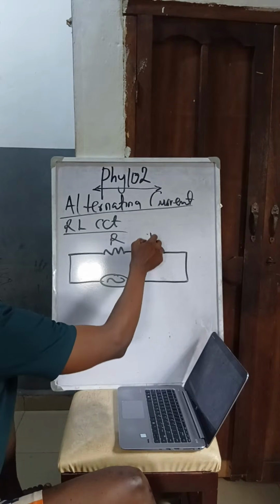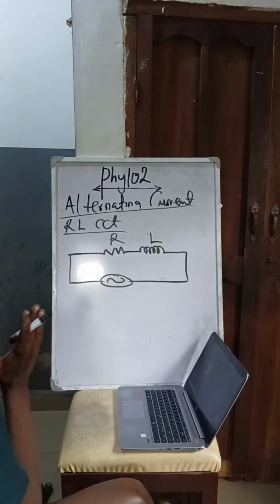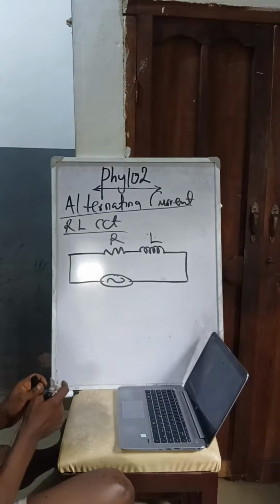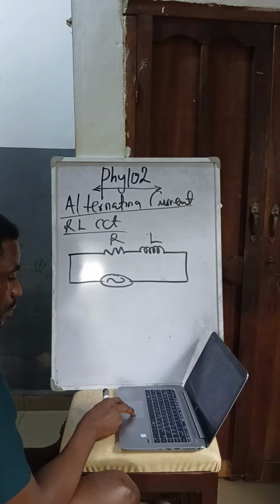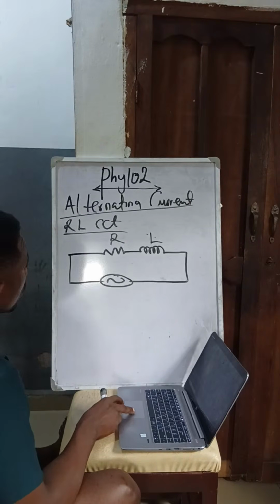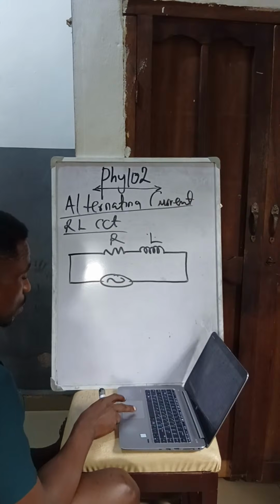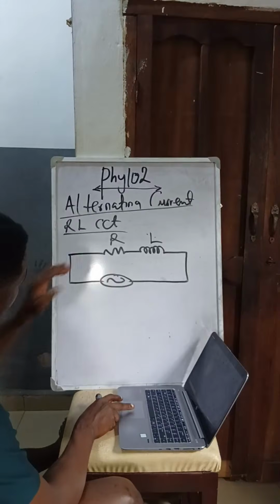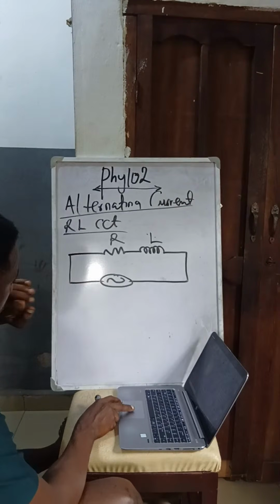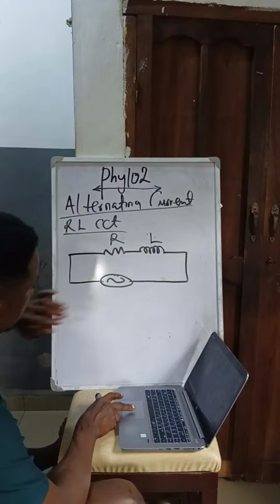So when this occurs, we do not consider only resistance again. Because we have opposition offered by resistor, opposition offered by inductor.